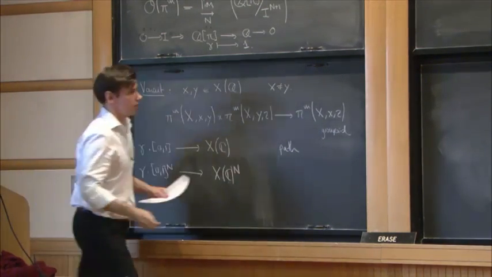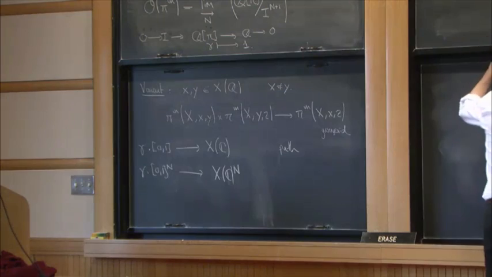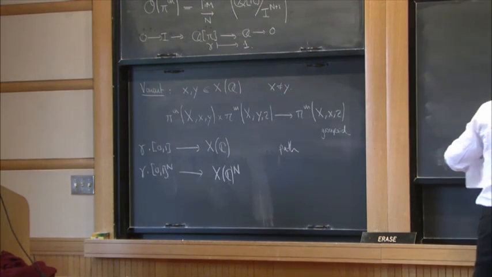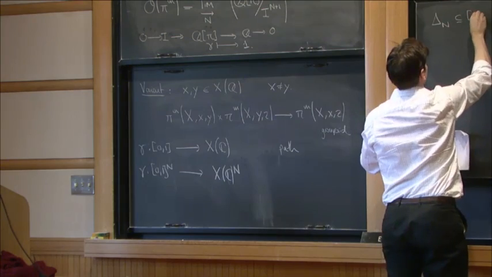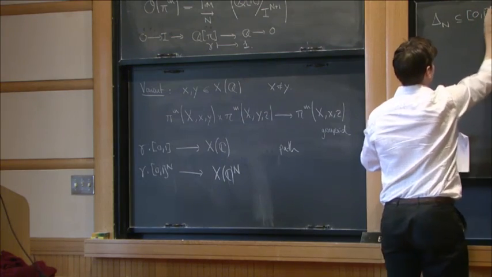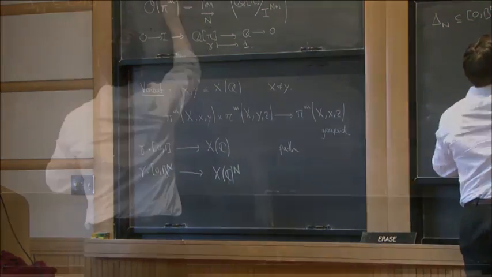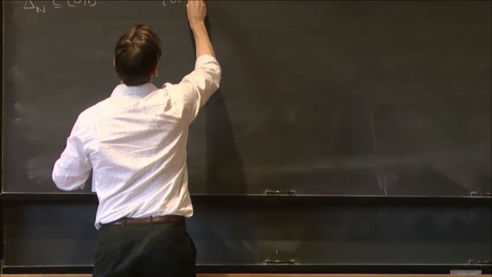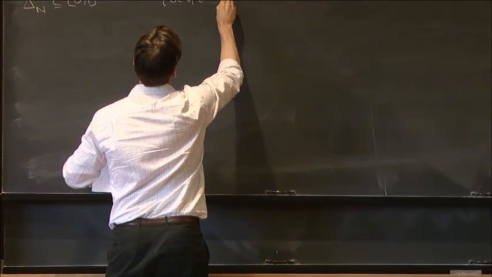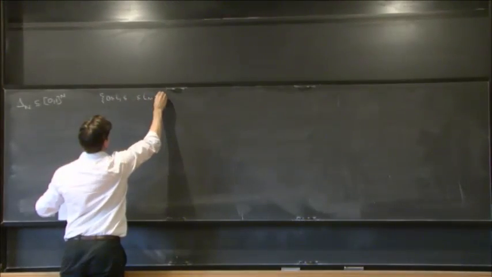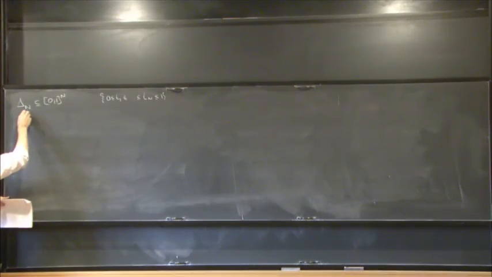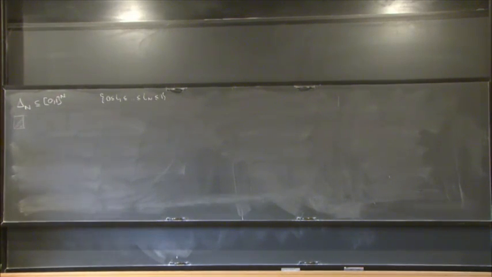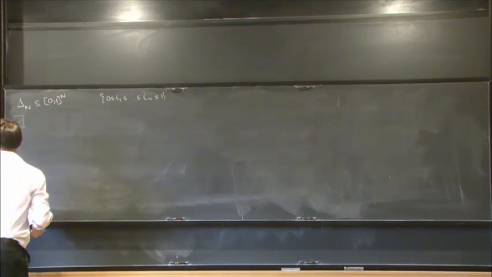And maybe I'll write it here. For future reference, let me define delta n contained in the unit n cube to be the simplex consisting of points which are strictly increasing between 0 and 1. So it's some sort of triangle in a square, something like this.